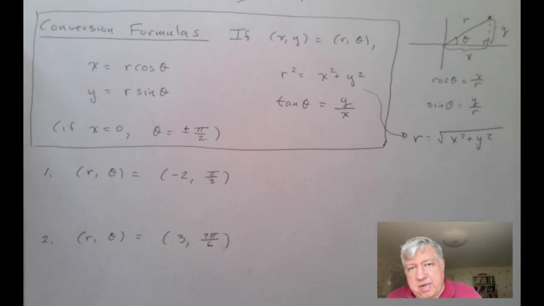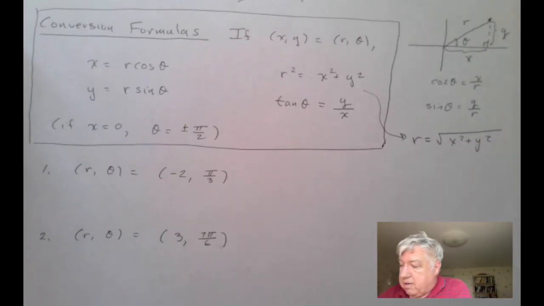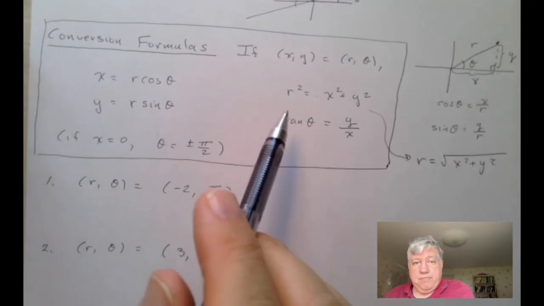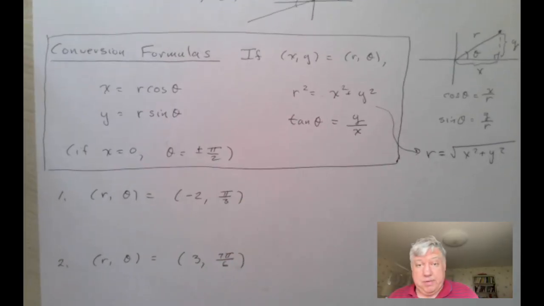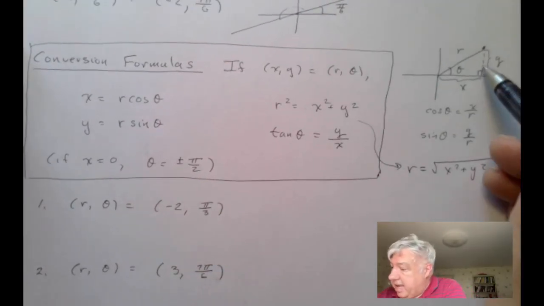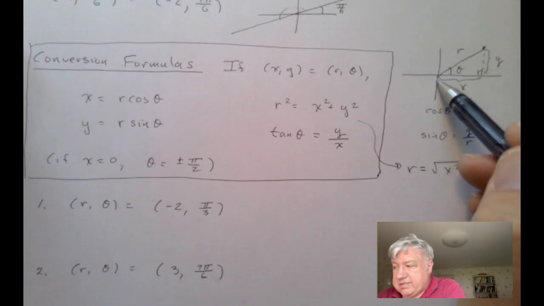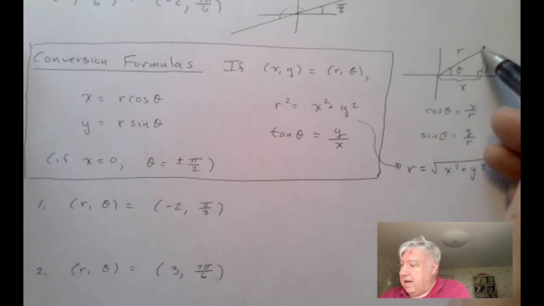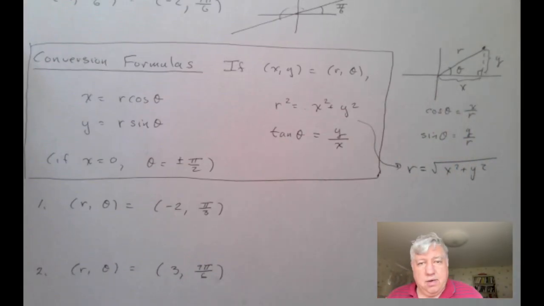I say usually because sometimes we will want r to be negative, so it could be the negative square root, depending on our purposes. The tangent of theta is y divided by x, the opposite over the adjacent.